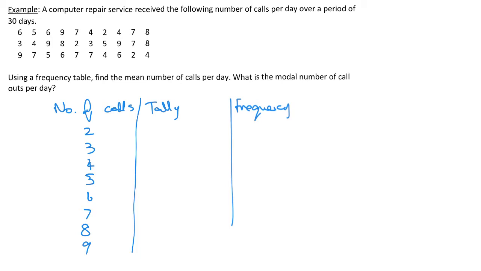And the first one is a 6, and then a 5, a 6, and then a 9, 7, 4, 2, 4, 7, 8, 3, 4, 9, 8, 2, 3, 5, 9, 7, 8, 9, 7, 5, 6, 7, 7, 4, 6, 2, 4.